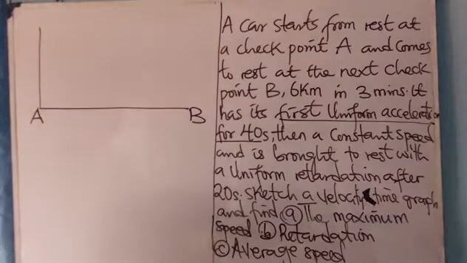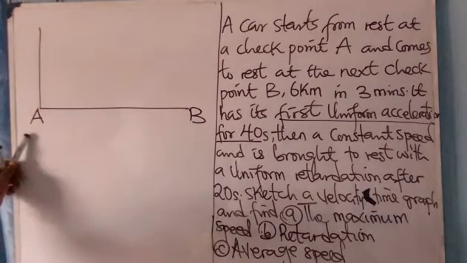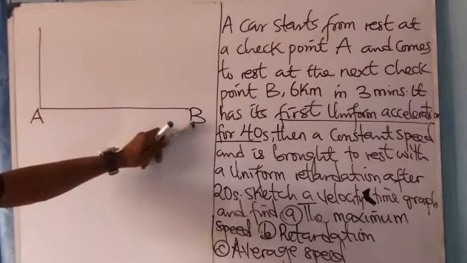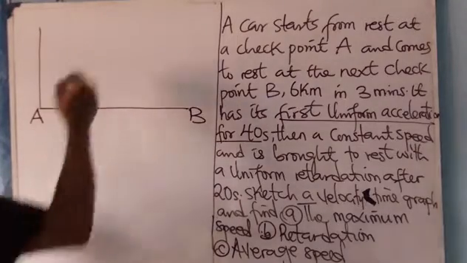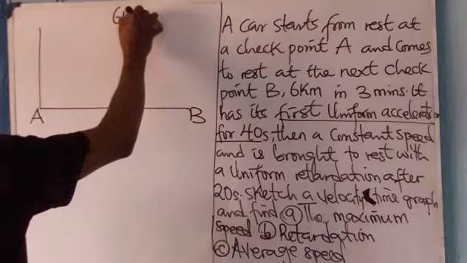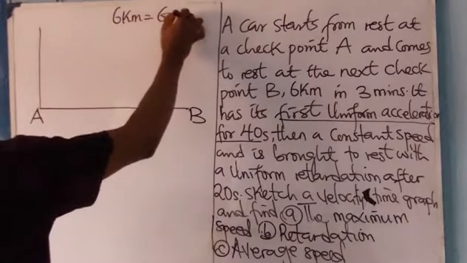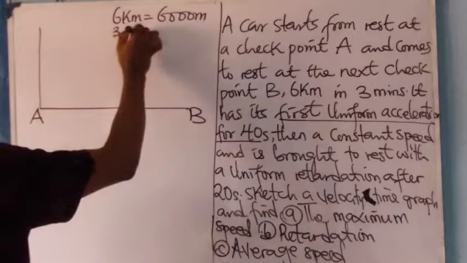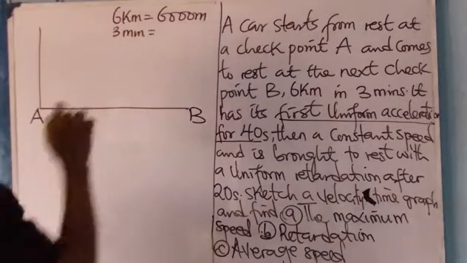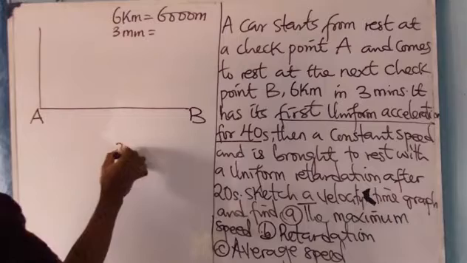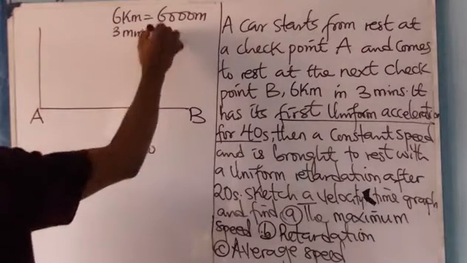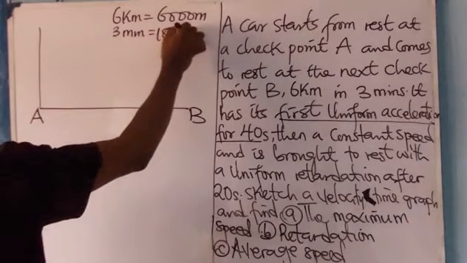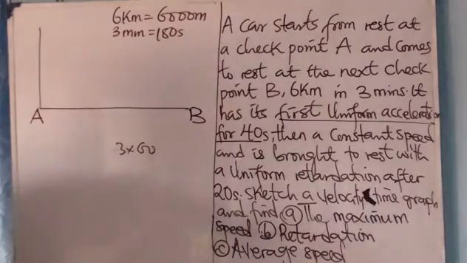It starts from rest at checkpoint A and comes to rest at this point. Don't forget, 6 kilometers is equivalent to 6,000 meters. Then 3 minutes is 3 times 60, which gives you 180 seconds.